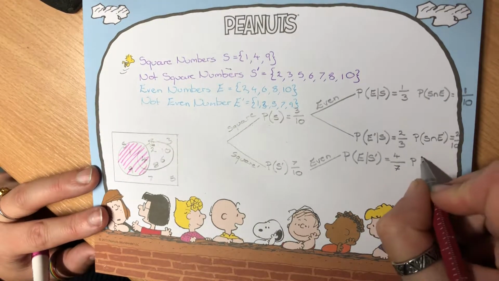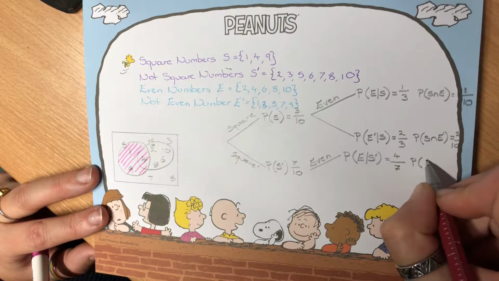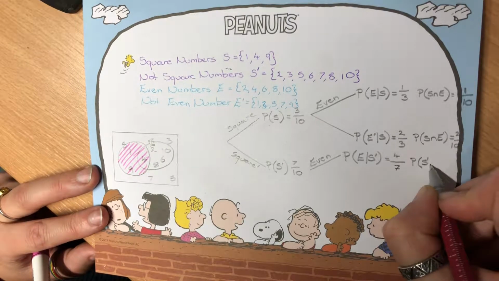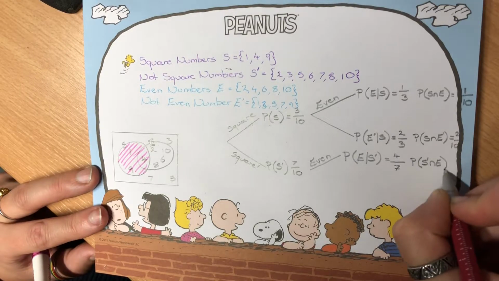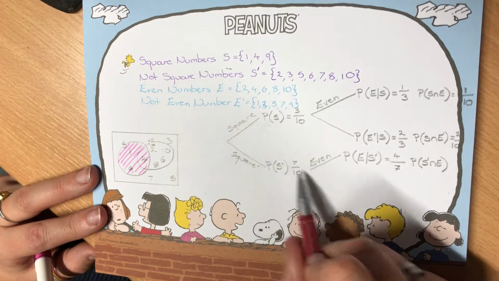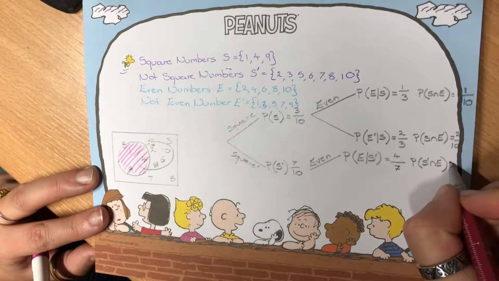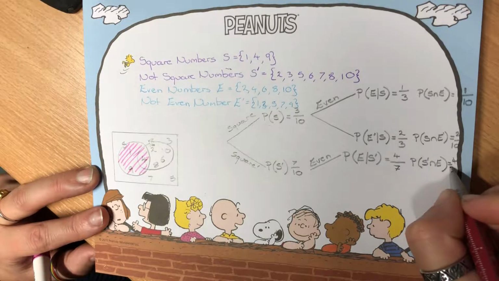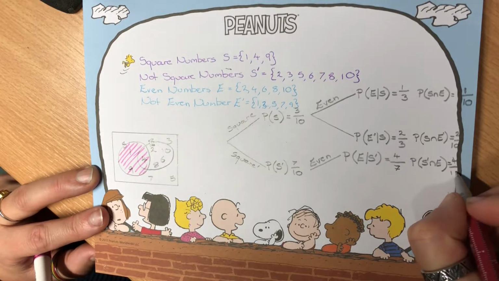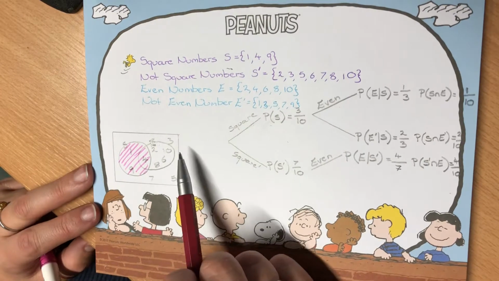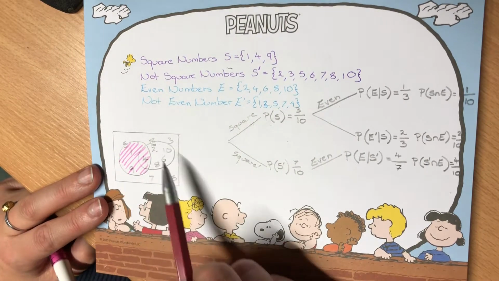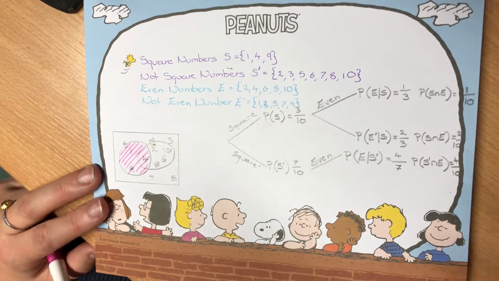So the probability that it is not square and is even, if we multiply those two together, as normal for tree diagrams, is 4 out of 10. So if we're looking at it being out of everything, we're looking at 4 out of 10.